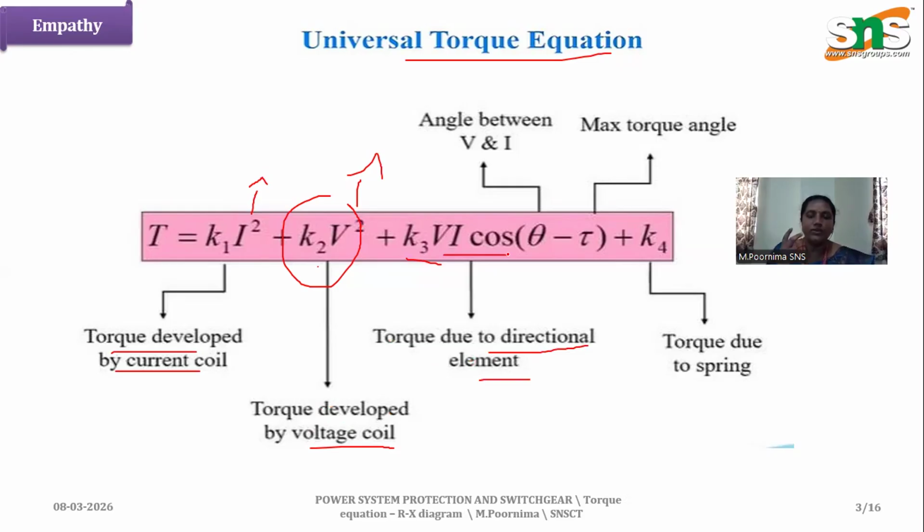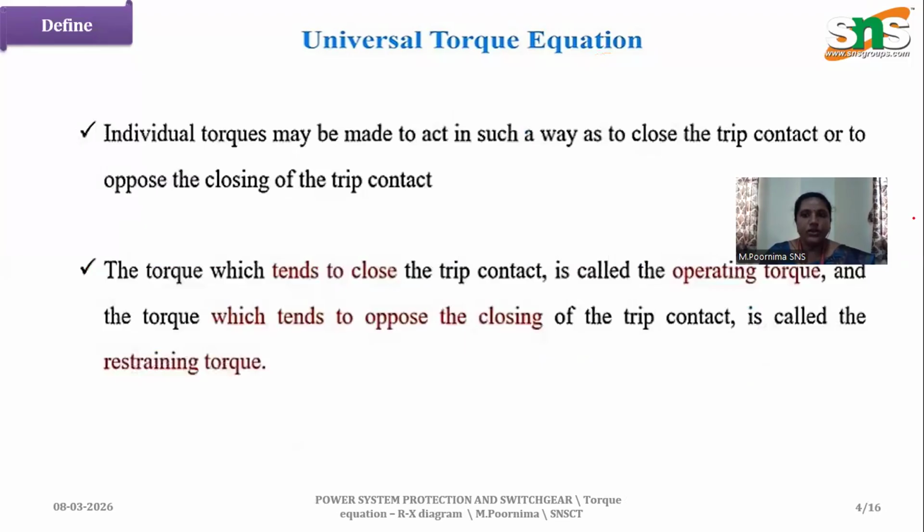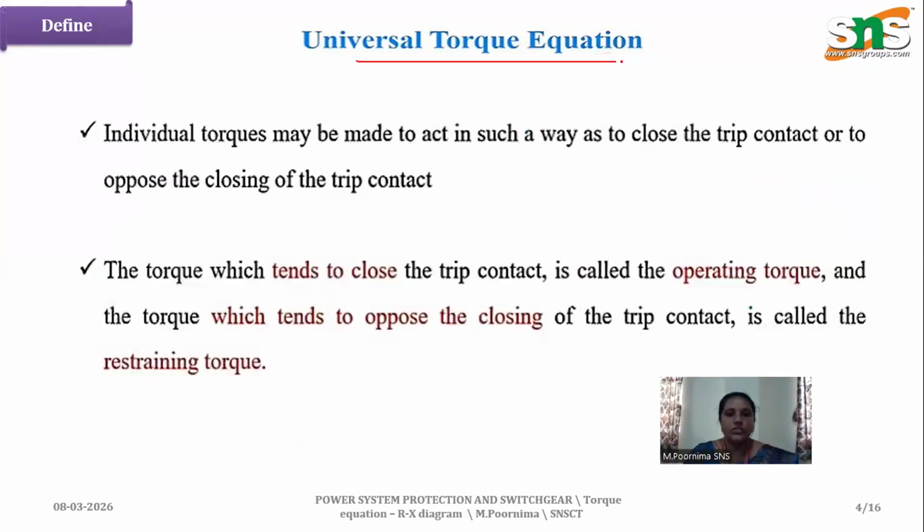Phi is the angle between the voltage and current, and tau is the maximum torque angle. K4 is the torque due to the spring, the force applied by the spring.